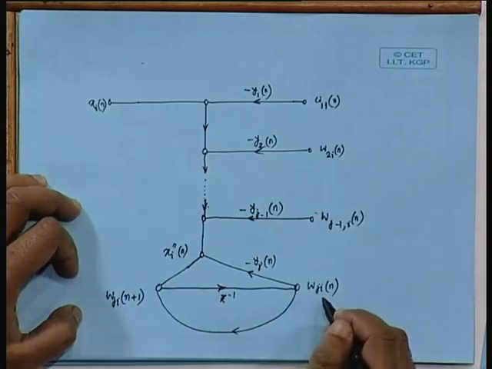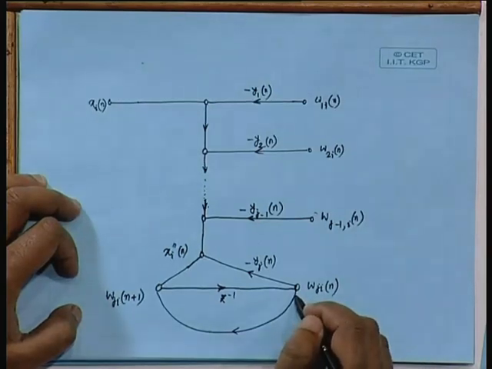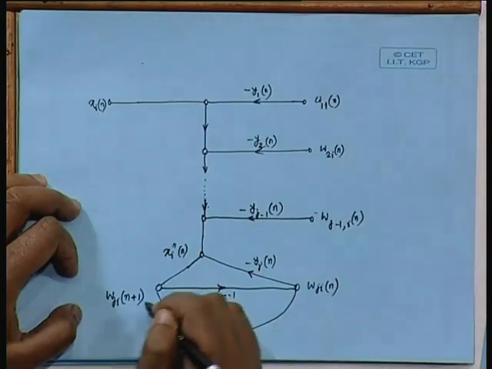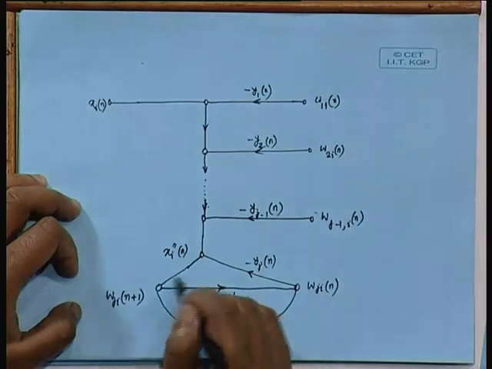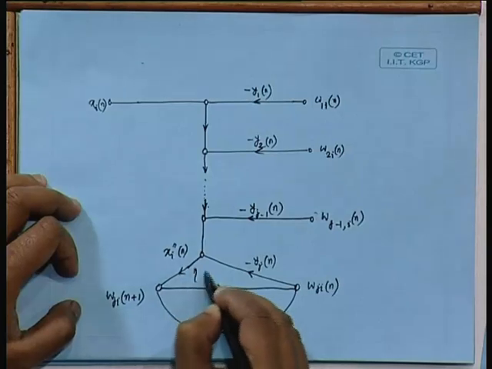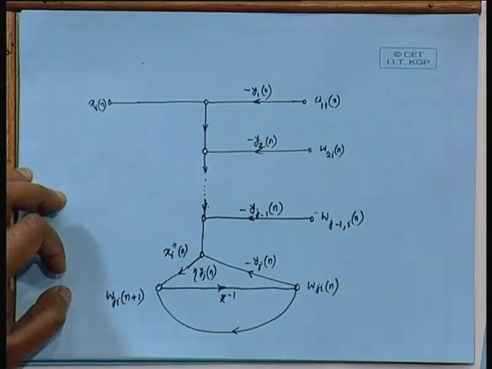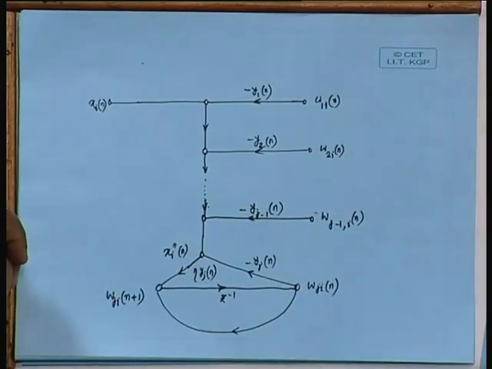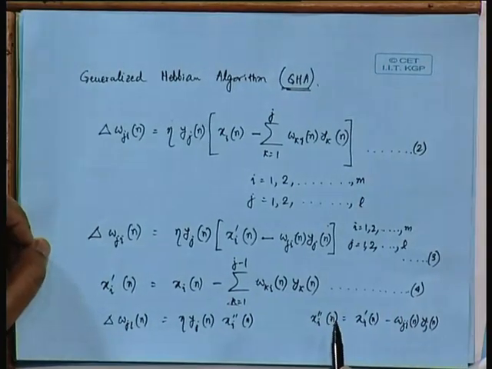So, that is the relation between n plus 1 and n, but what we are doing here is subtracting wgi n from wgi n plus 1. In effect we are getting delta wgi, and this delta wgi is what we get from xi double prime n multiplied by eta yj n. So, this is the signal flow graph of this equation. The signal flow graph of equation 4 is obtained like this.